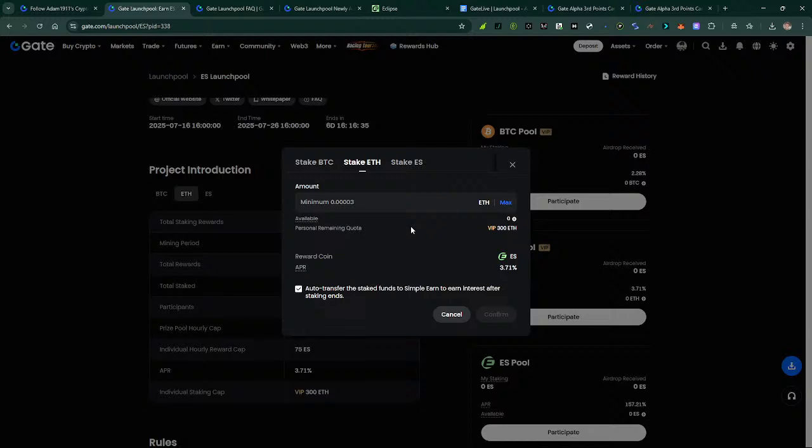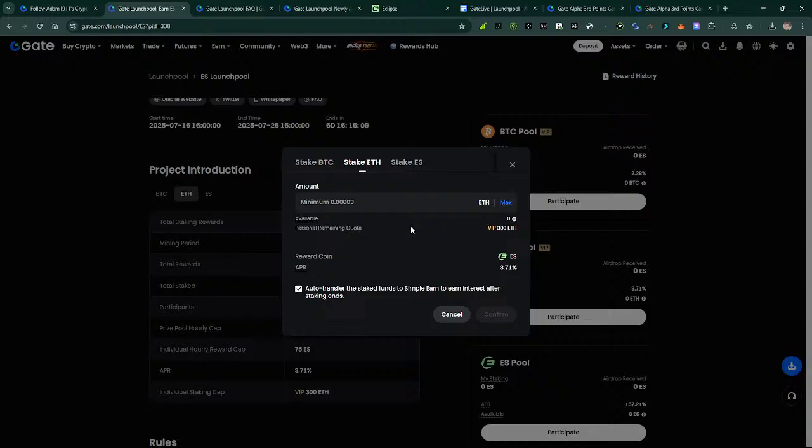That means after the decimal point there will be 4 zeros. If you set 3, it will be the minimum amount. At maximum you can stake up to 300 Ethereum, and upon your VIP level this range is going to be increased.